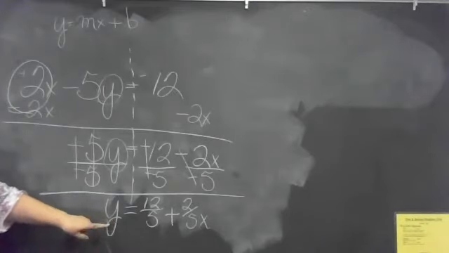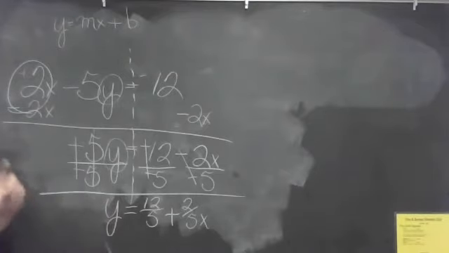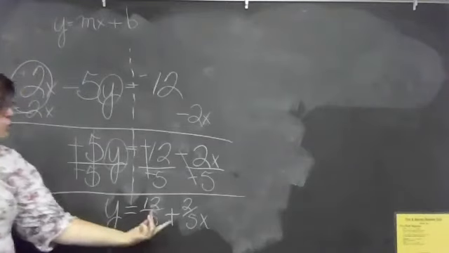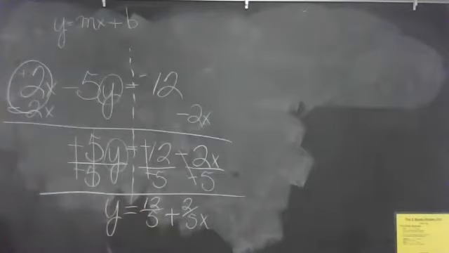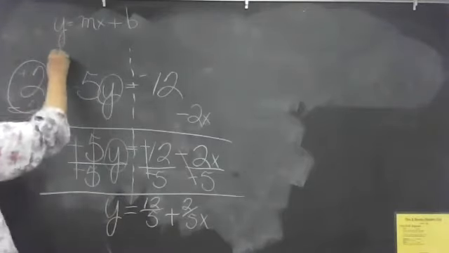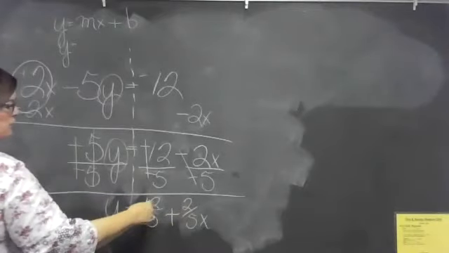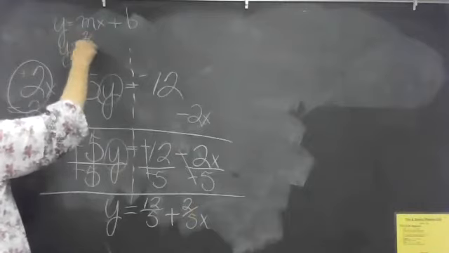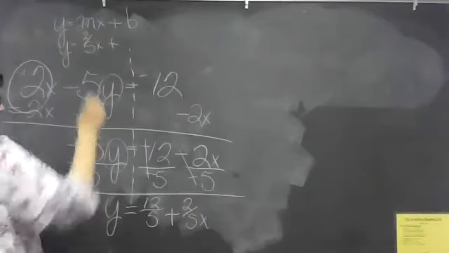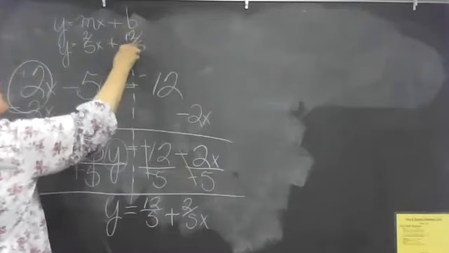Okay, so right now I have the y solved. It's by itself, right? So this is really good. If you want it to be exactly like the model, then we need to switch the places here. Okay, and that's all we're going to do. And so now we have y equals, I'm going to write the x first and then this, 2/5 x plus 12/5.